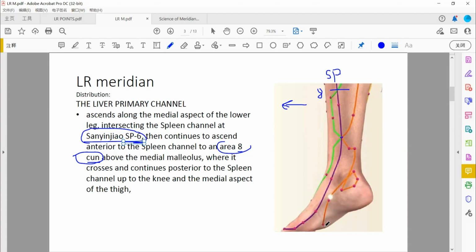This one is the kidney meridian. This one is spleen, and green is the liver.